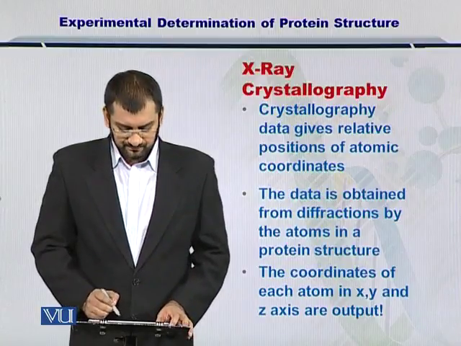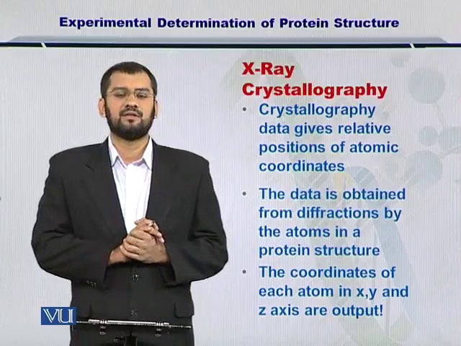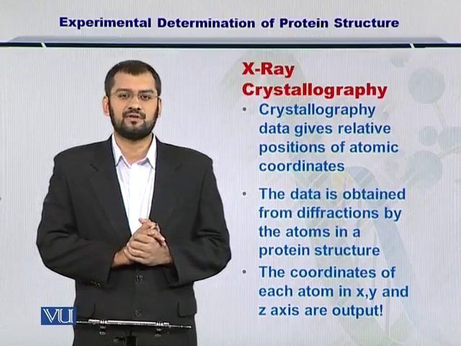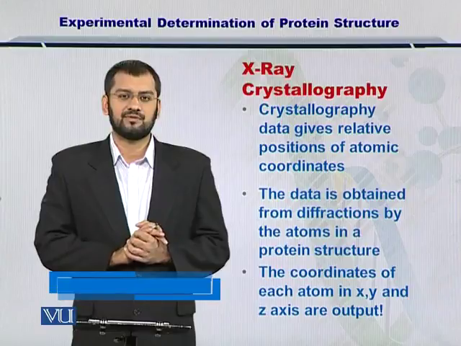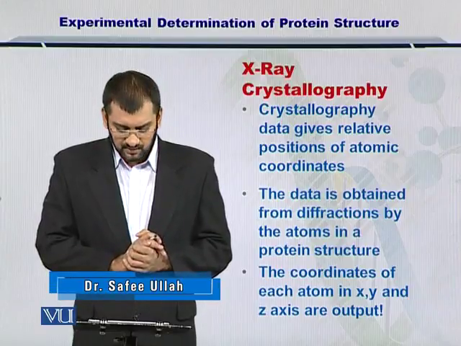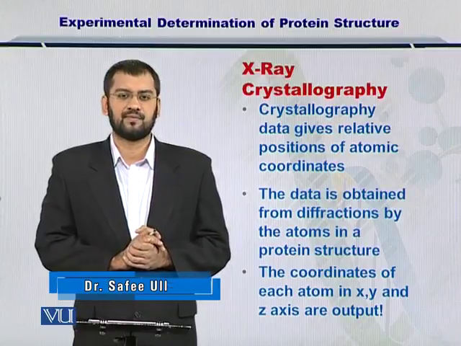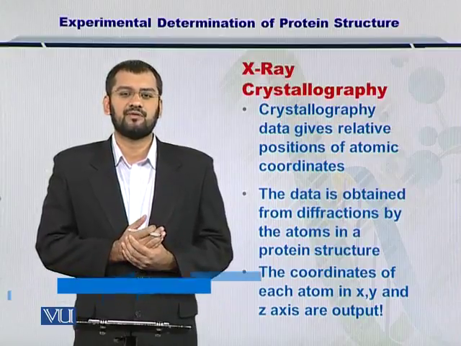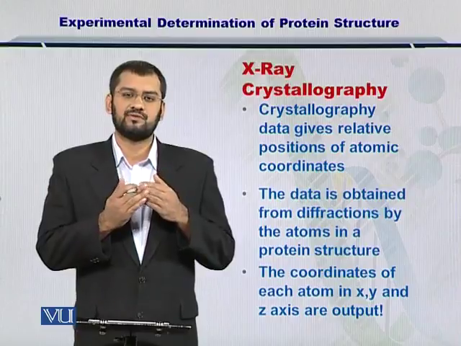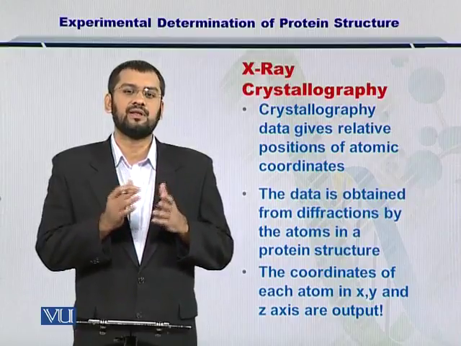Let me show you a technique that is used to measure the distances between the alpha carbons. This technique is called X-ray crystallography. X-ray crystallography gives you the relative positions of different atoms within a molecule.